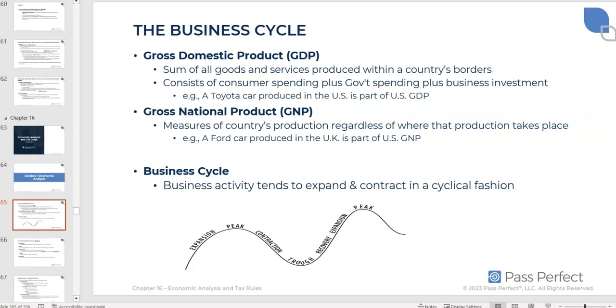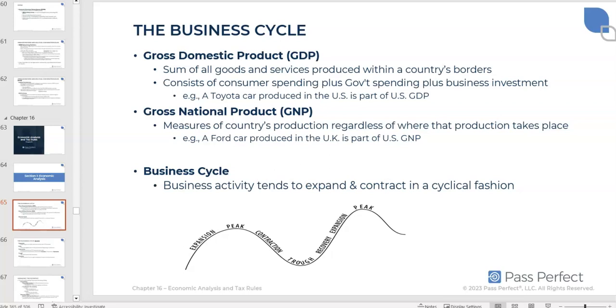For example, there's a Toyota plant in Ohio. Toyota, of course, being a foreign company, but having a plant in the U.S. Its production, whatever it puts out, is part of the U.S. GDP. Now, there is another number that's used, not as often. It's called gross national product.